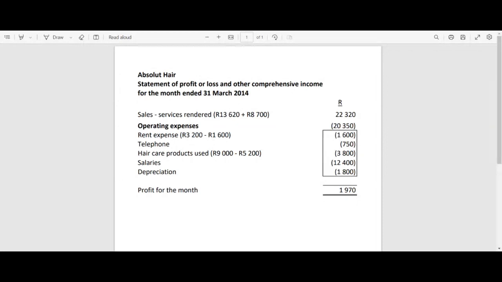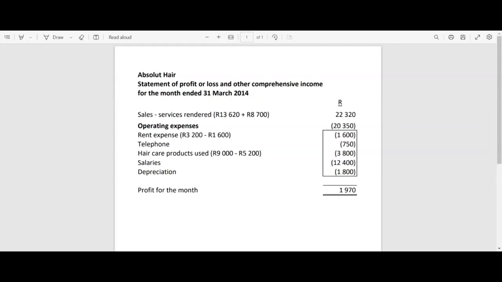So that is our statement of profit or loss and other comprehensive income, but other comprehensive income we only deal with as from financial accounting 2. So in financial accounting 2, we will also discuss what they refer to as other comprehensive income. But at this stage, it is simply a statement of profit or loss for the month ended 31st of March 2014.